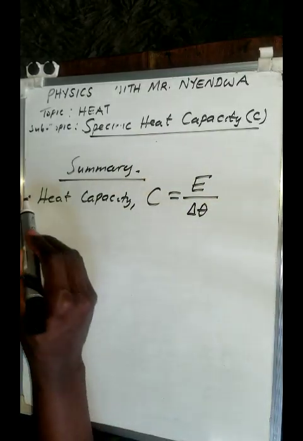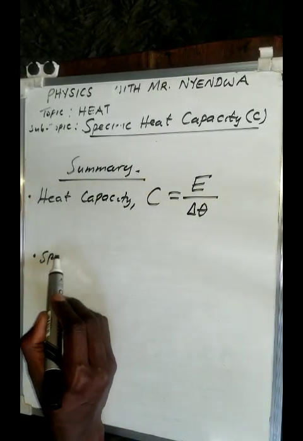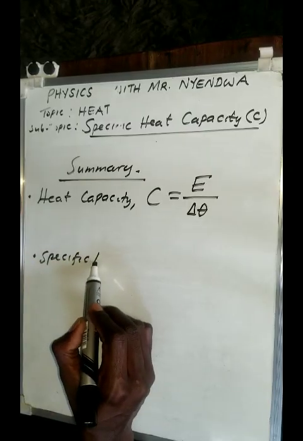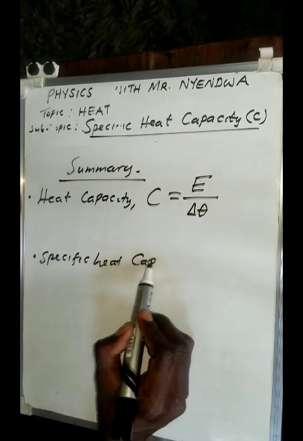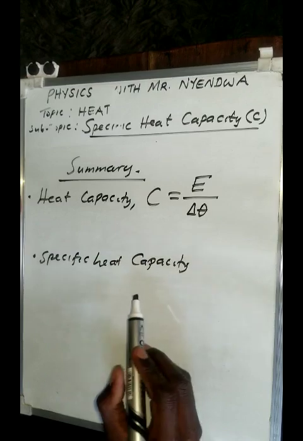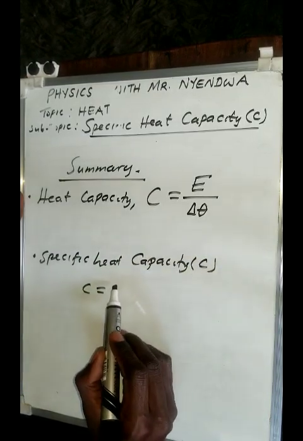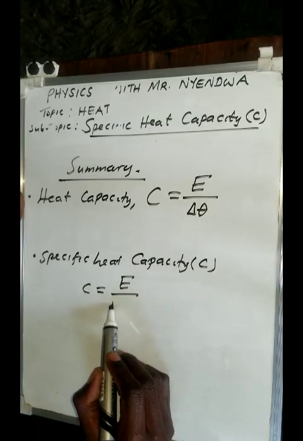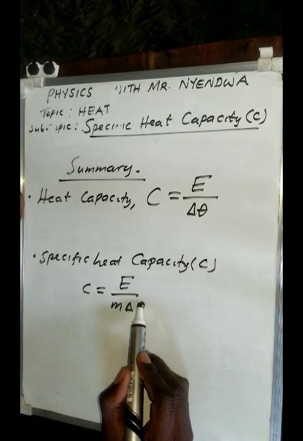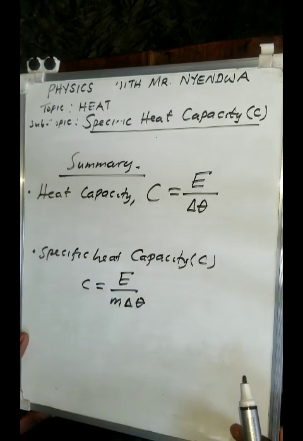Hope you remember that. And the second one, when I talk about specific heat capacity represented by small letter c, it is simply the energy divided by the mass and the change in temperature. You should be able to remember that.